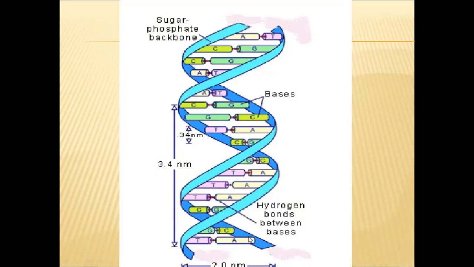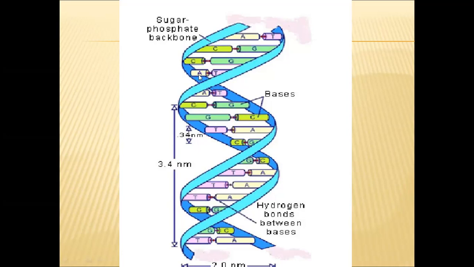Here they are spirally coiled around each other. In this, each polynucleotide chain is taking a 360-degree turn. So let us imagine that this polynucleotide chain started from here, and it is coiling around the opposite polynucleotide chain.